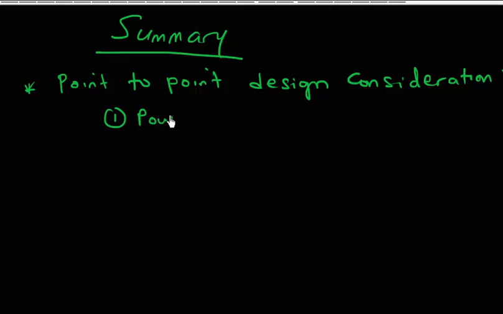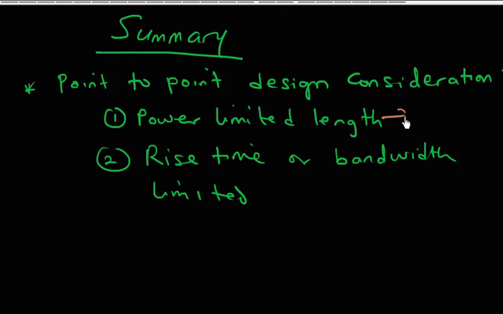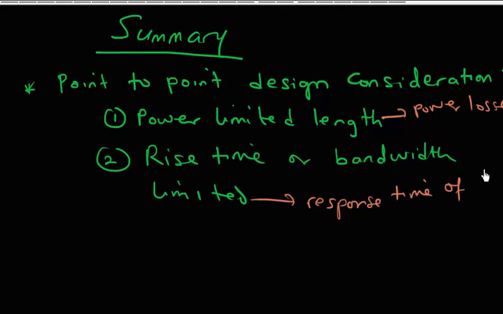We have power-limited length, and time loss, rise time limit, or bandwidth. The first is caused by power loss. This one is the response time of devices.